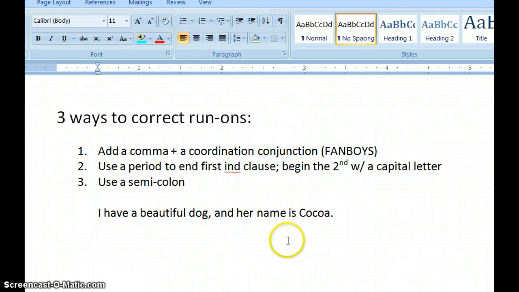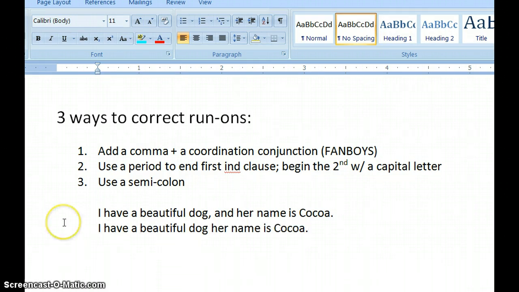So let's look at how that would look with the second rule. Okay, so here is that doggone run-on sentence again. And let's look at how we would fix it with the second rule. We could put the period and then come over and capitalize the first letter of the second independent clause. And it would look like that.